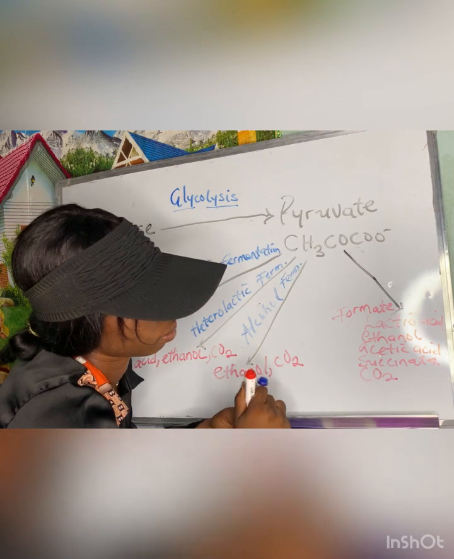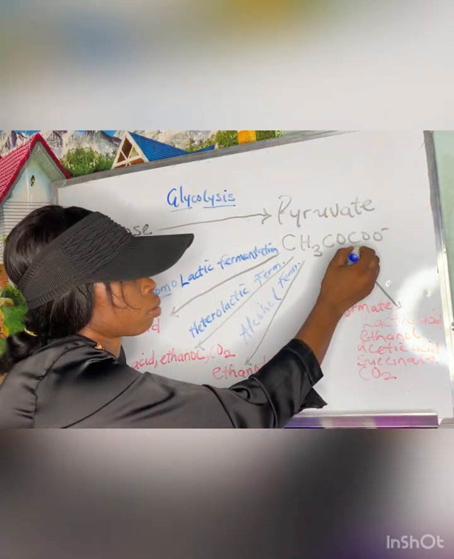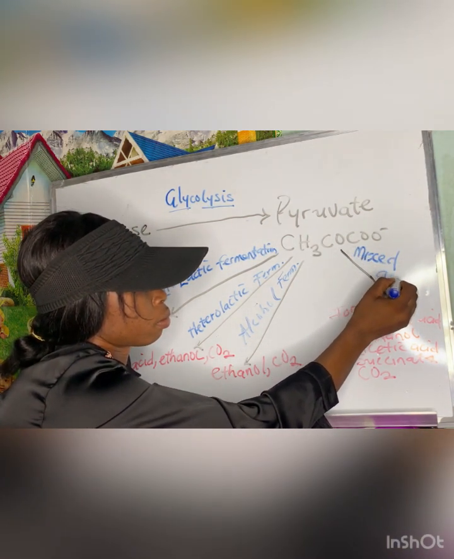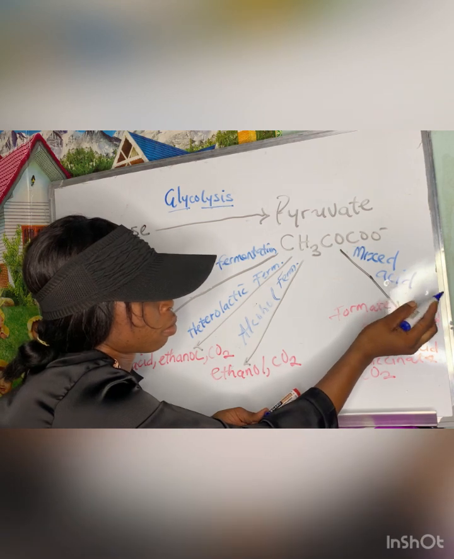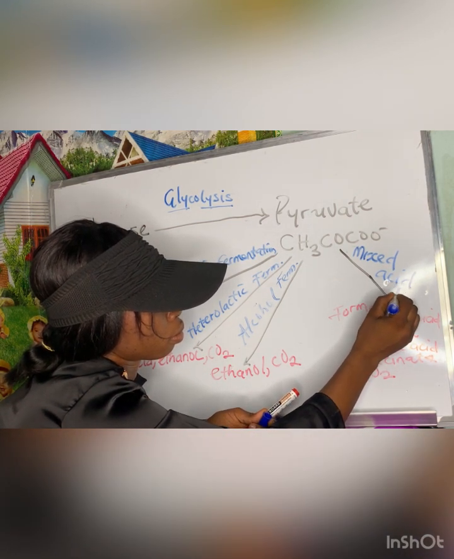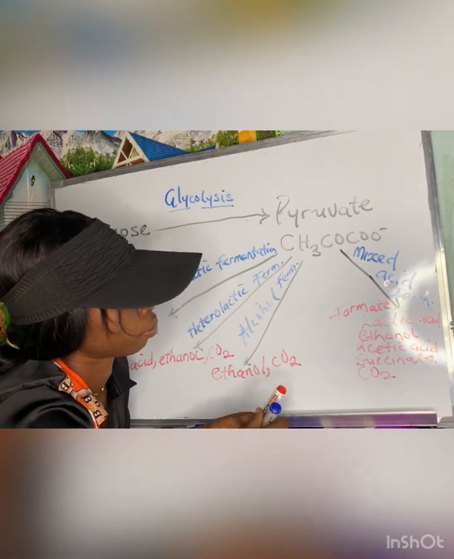It's not just lactic acid or ethanol. We also have succinate, acetic acid, and formates. This is why it's called mixed acid fermentation, meaning it produces mixed acids. It's not just one acid nor two, it produces many acids. So it's mixed acid fermentation.